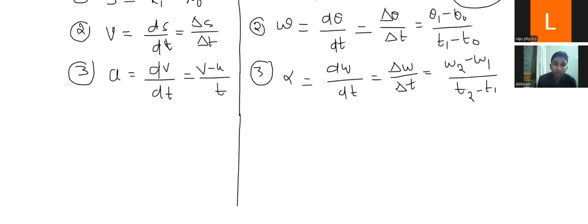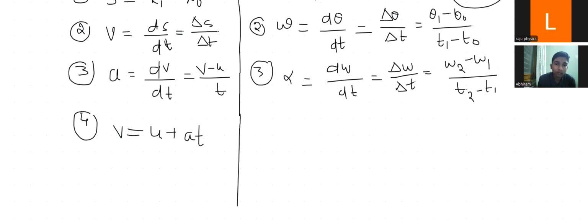The fourth one is the linear equations. The first linear equation is v equals u plus at.